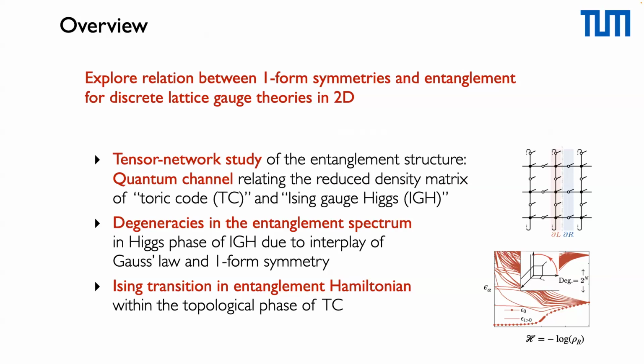First of all, we found that certain cases, for example the toric code and the Ising gauge Higgs, can be related by an isometry, and that in turn leads to a quantum channel, which allows us to only do variational optimization of the toric code and directly get the entanglement properties of the Ising gauge Higgs. Then we find that due to the interplay of Gauss law and one-form symmetries, we get some extensive degeneracies in the entanglement spectrum. We also find some Ising phase transitions in the entanglement Hamiltonian if we tune the fields in the toric code phase. But maybe leave it at this, and then there can be questions if there are any.